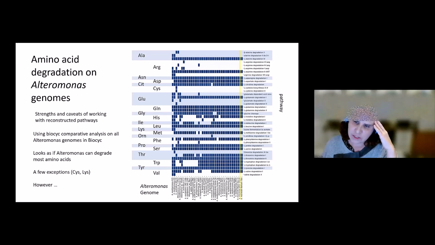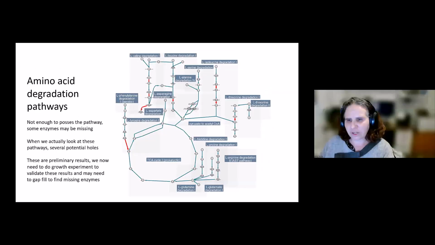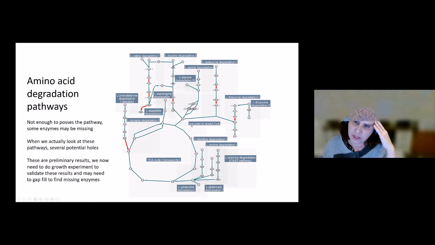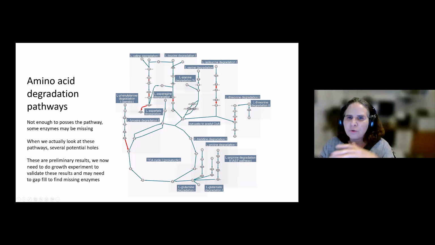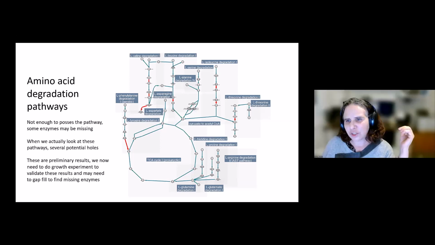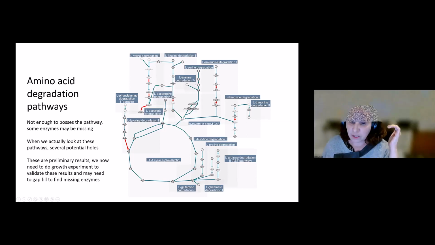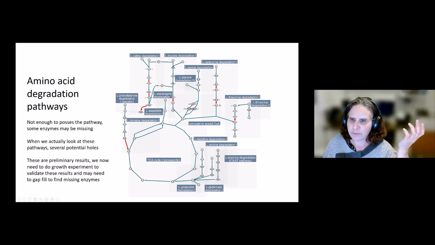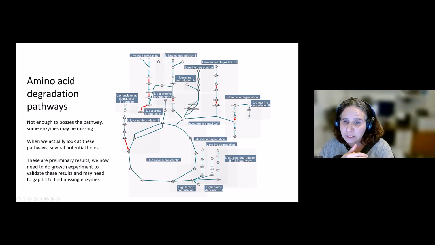But, however, if we take a closer look, this is a pathway collage from CyanoCyc that shows you different amino acid degradation pathways leading to the TCA cycle. And all of these red arrows are enzymes that we couldn't find or that are missing in the genome. And there's an open question, are they truly missing, or maybe they are not annotated correctly?